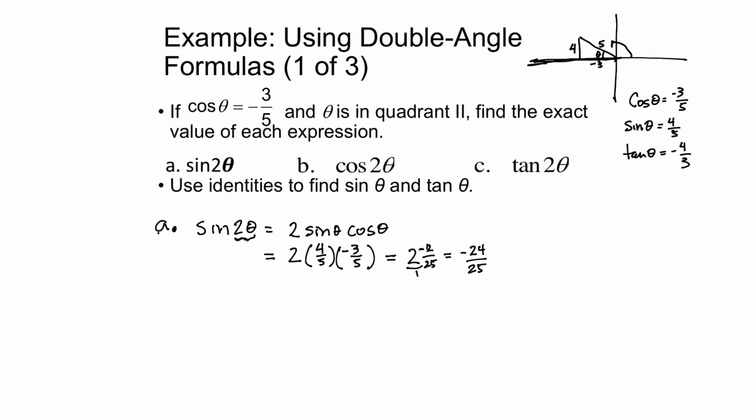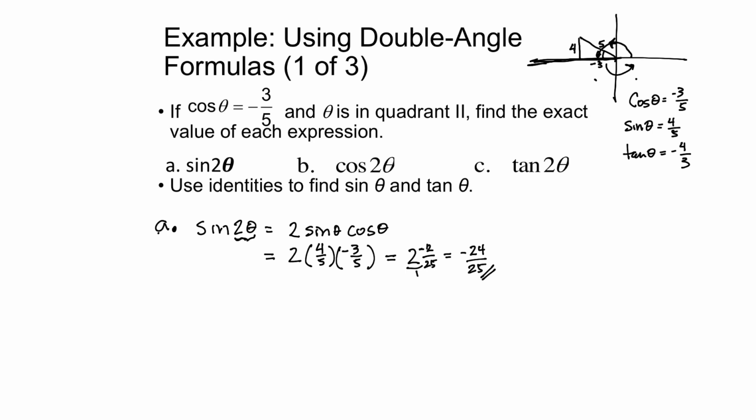And anything over that would take us into the third or the fourth quadrant, because if we go all the way to pi and double that, that would take us to 360. But regardless, you'll notice that sine here was negative, and anything in the second quadrant is either going to take us into the third quadrant or the fourth quadrant. And in both of those quadrants, sine is negative.